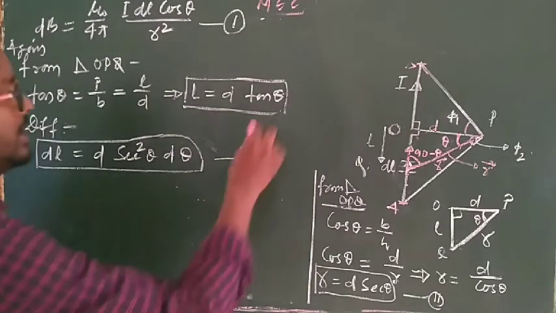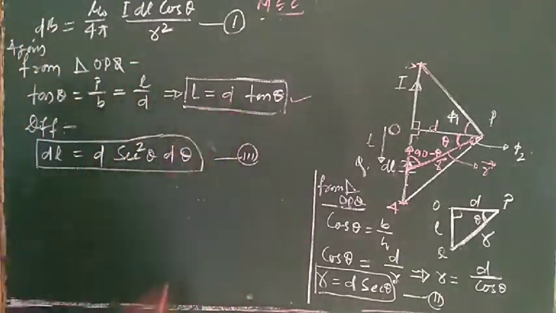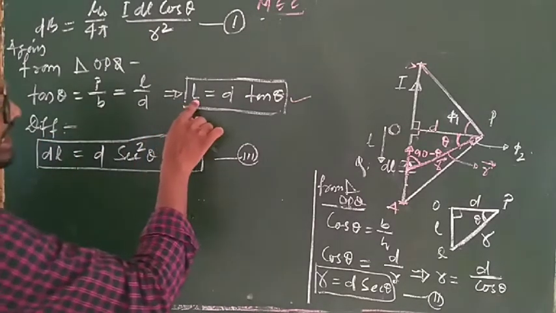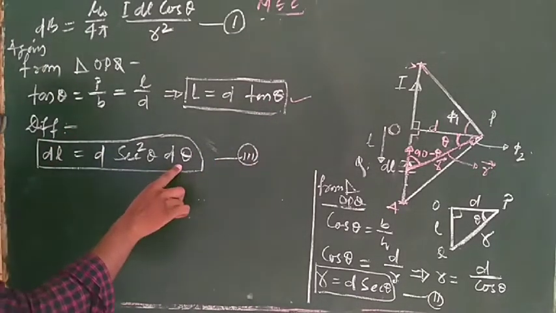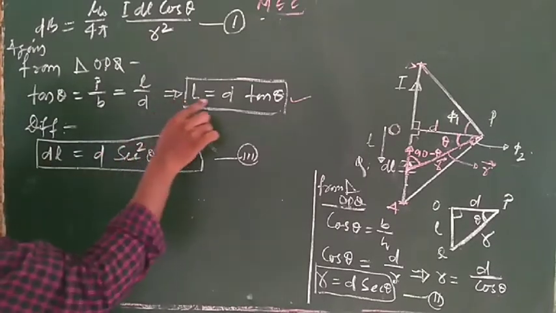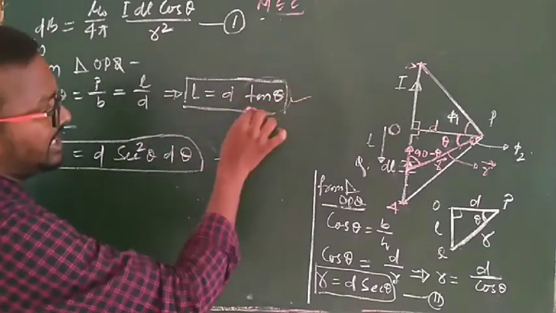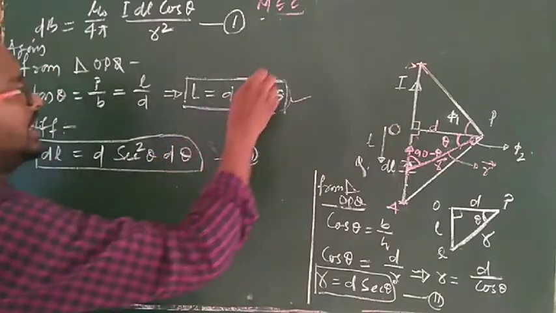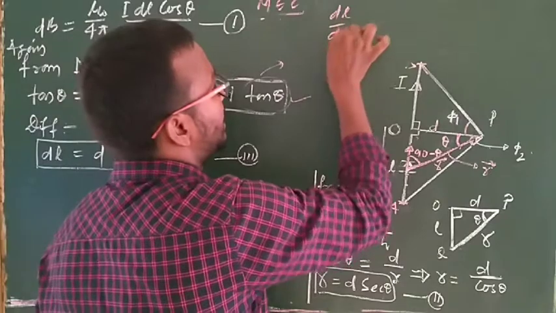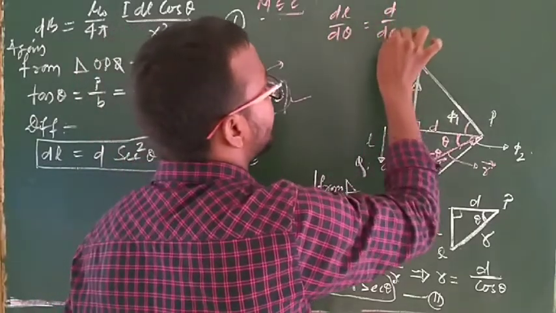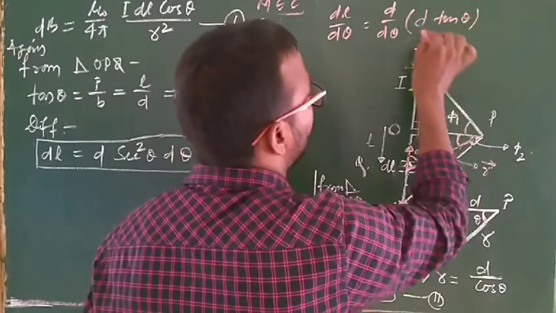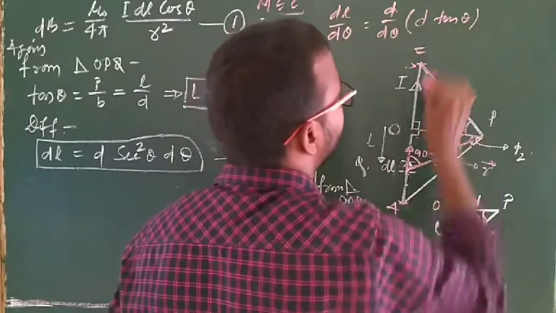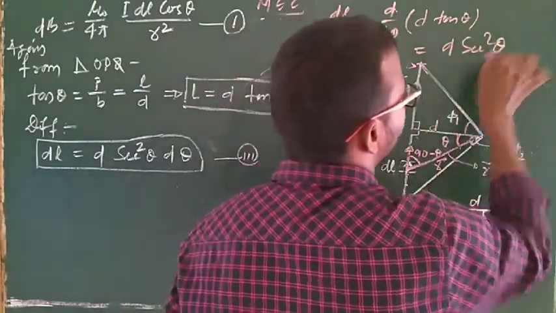Clear? Now we differentiate this relation with respect to theta. dl by d theta equals d by d theta of d tan theta, that is d sec square theta.